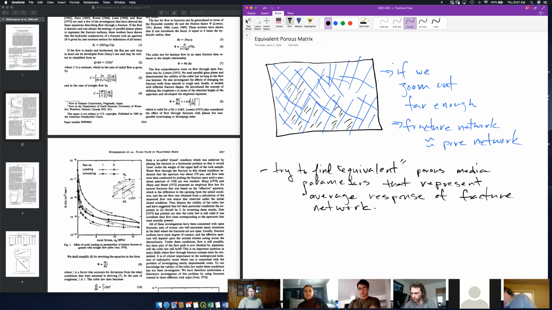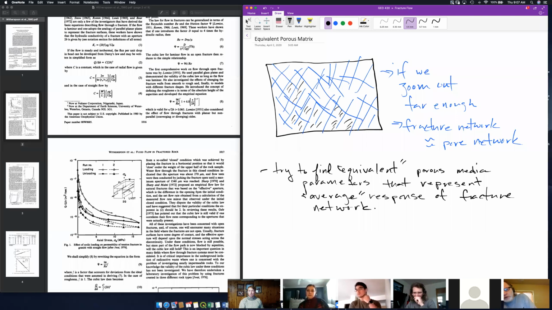All right, so this is the way that we often try and deal with fracture flow. And again, I just want to reiterate that what that means is that we cannot say exactly what's going to happen in a fracture network. We can basically, at best, say this is what the average response is going to be.